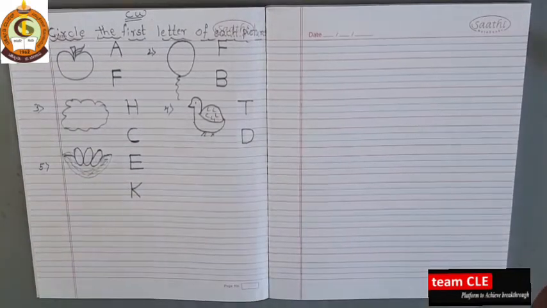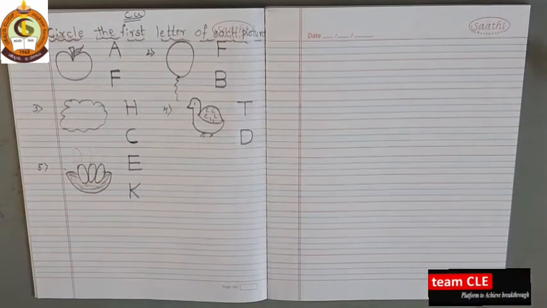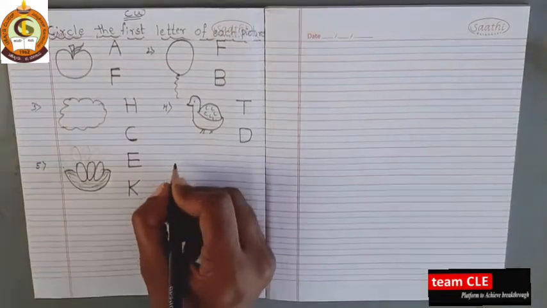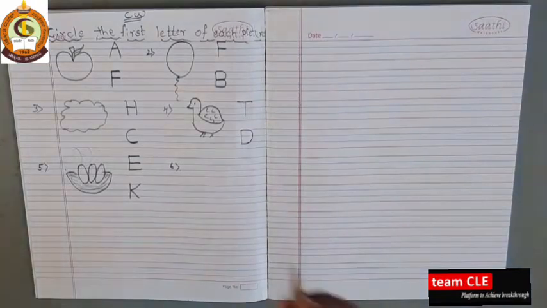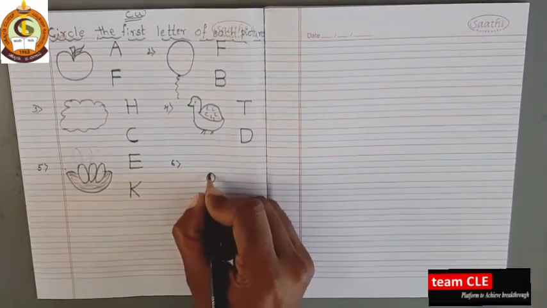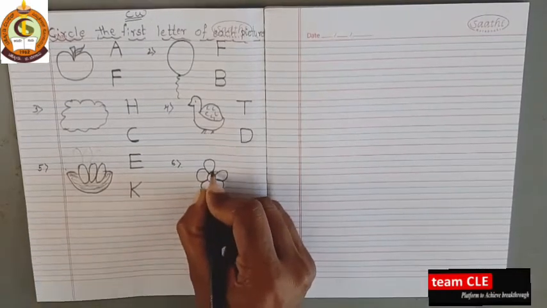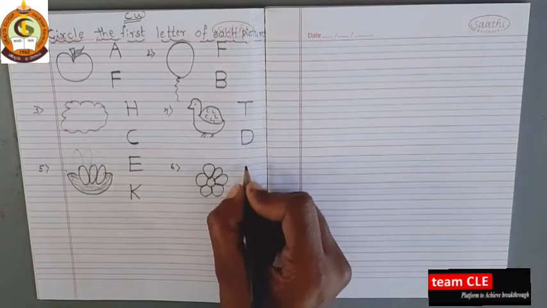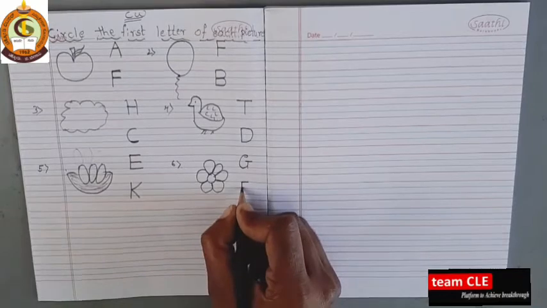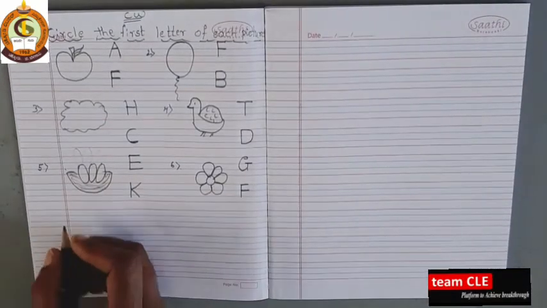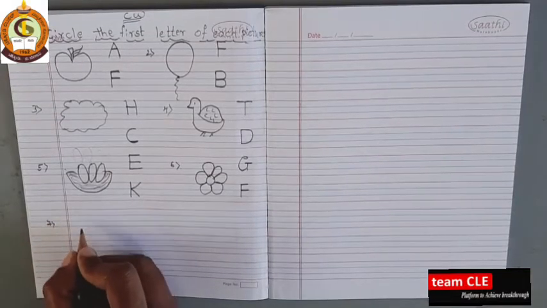So this is the next picture, and inside eggs draw. Next, draw the flower picture, and write G and F. Next picture, draw grapes.